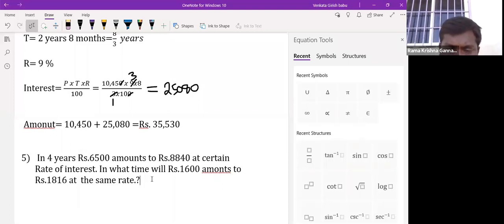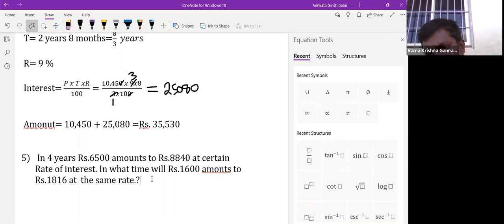The rate of interest obtained from the first step you use in the second step also. From that data, you find the time in years. Understood?